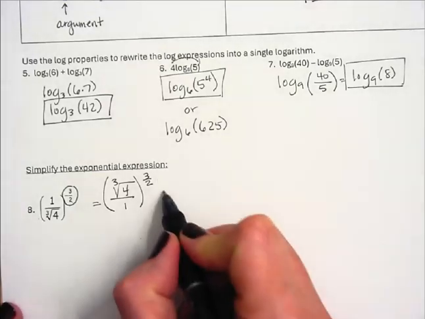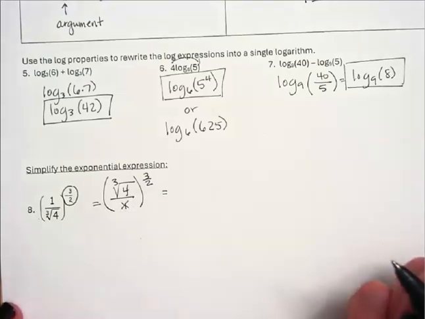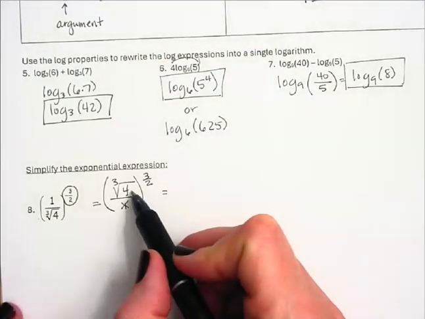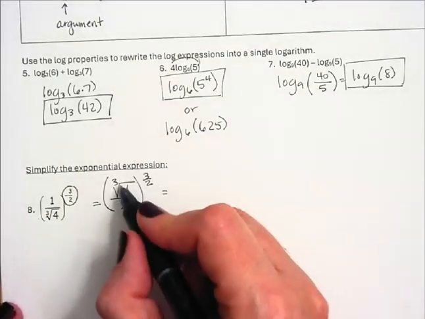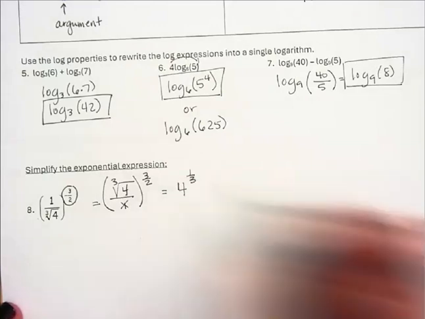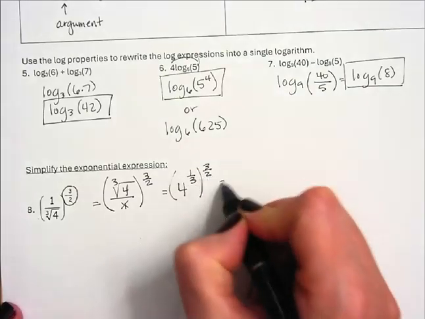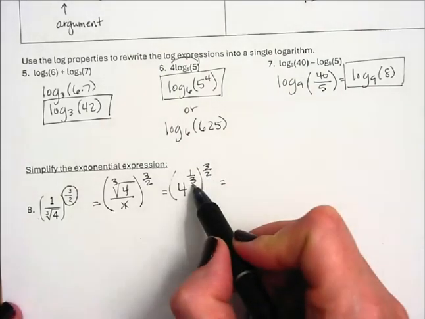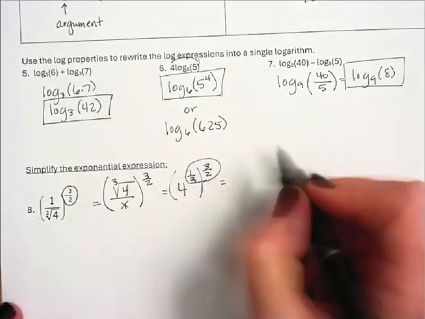Then, since this is over 1, I can ignore that now, and I'm going to rewrite the radical inside in exponential form. So a cube root of 4 is the same as 4 to the 1/3 power. We still have the 3 halves power on the outside. So now we have power raised to a power. We talked about how those get multiplied.